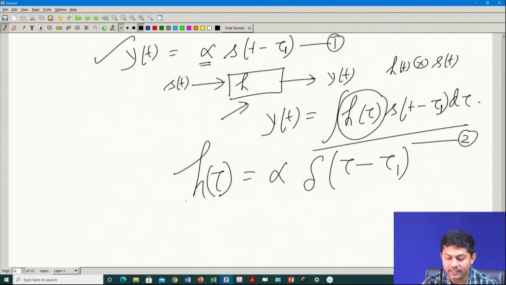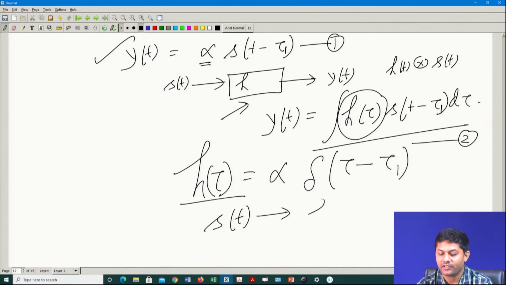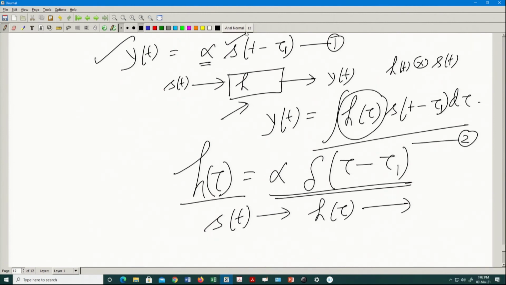Because if this is my system and I give s(t) here and it goes through that h(tau) and is convolved, I will get alpha s(t minus tau 1). That is precisely what I will get. There was a small mistake here, it should be s(t minus tau), because this creates that delay.